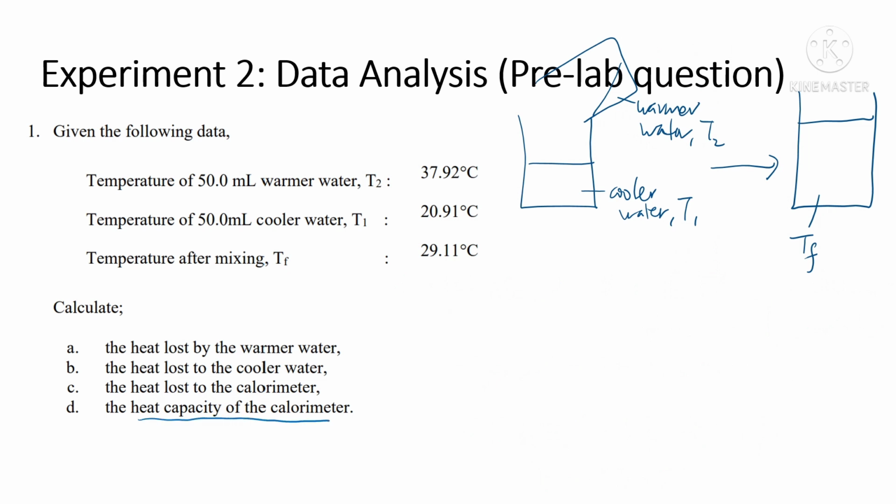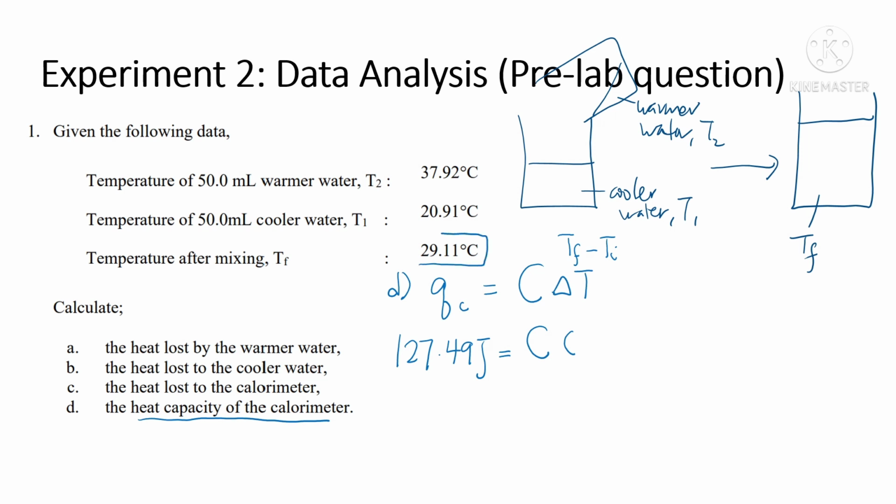Indeed, we want to calculate the heat capacity of the calorimeter. To calculate the heat capacity of calorimeter, we can use the formula: heat absorbed by calorimeter is equal to heat capacity of calorimeter multiplied by change in temperature. So heat absorbed by calorimeter is equal to 127.49 joule, and we want to calculate the heat capacity of calorimeter. For change in temperature, again we use final temperature minus initial temperature.